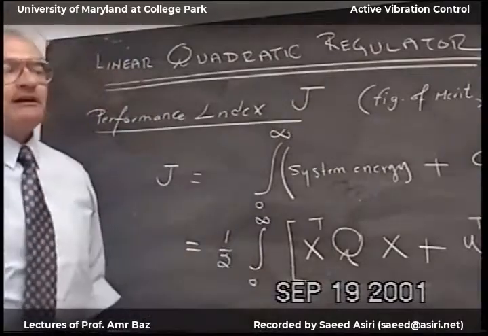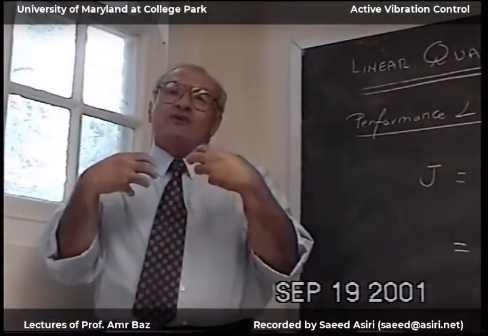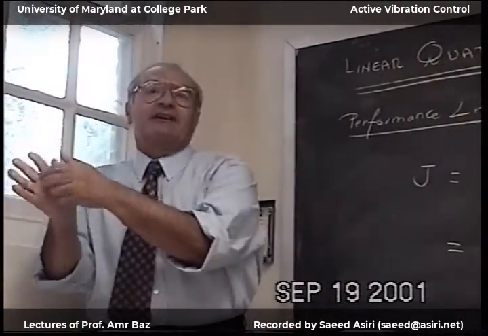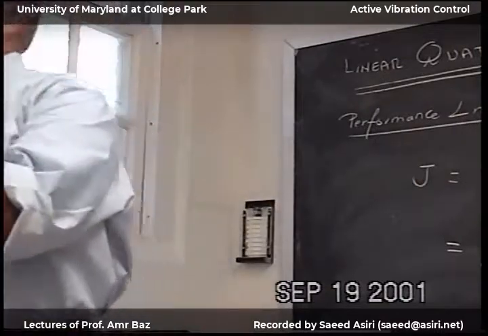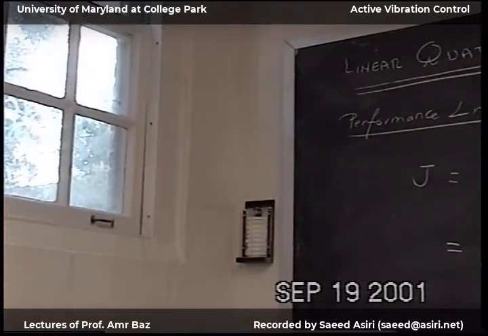Now, for example, if you drive a car, you are a linear quadratic tracker, because you come and you want to turn here. You don't want to turn after you pass the intersection and then turn here, because that's what the controller does: if I have error which is more in one direction, then I turn.